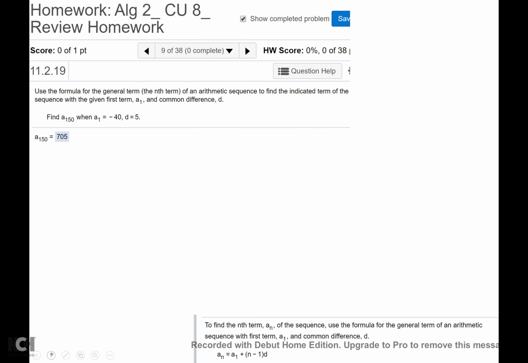Okay? Use the formula for the general term, the nth term. So again, a sub n equals a sub 1 plus n minus 1 times d, to find the indicated term of the sequence with the given first term a sub 1 and common difference d. They want me to find the 150th term when a sub 1 is negative 40. So add 150 minus 1 common differences. I'm going to take the first term and add 149 5's so that I can get to the 150th place.